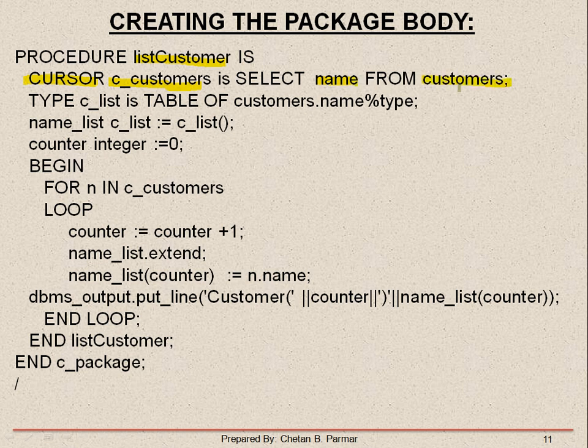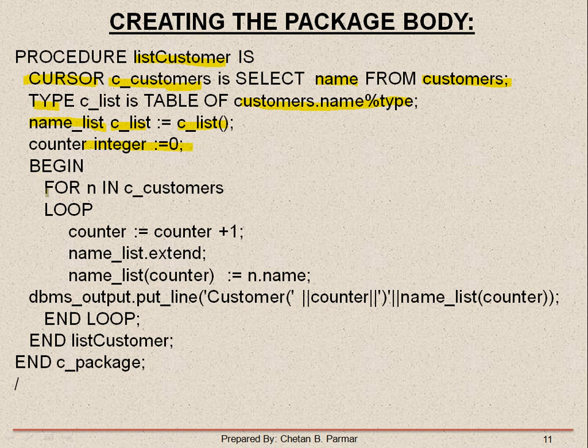The customer table name, then type CList is a table of customer. Again I am using the percent type, a name list of CList, and a counter which is an integer equal to 0.